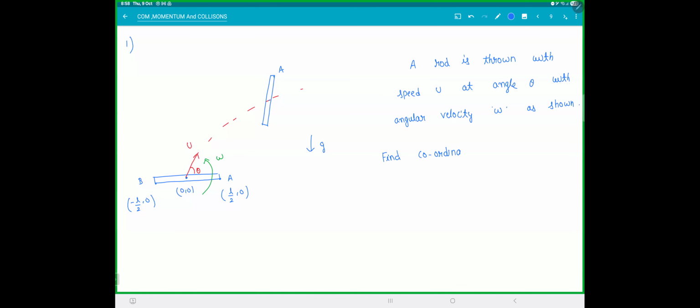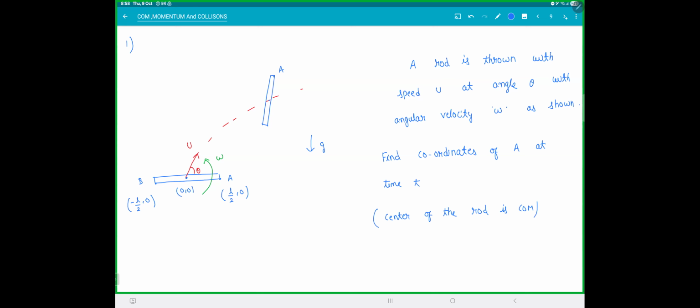If I know the coordinates of A, I'll get everything. I can find speed and everything. Here, the center of the rod is the center of mass. If it's a uniform rod, it will be the center. Later on, we will see if the rods are not uniform, it need not be in the center.